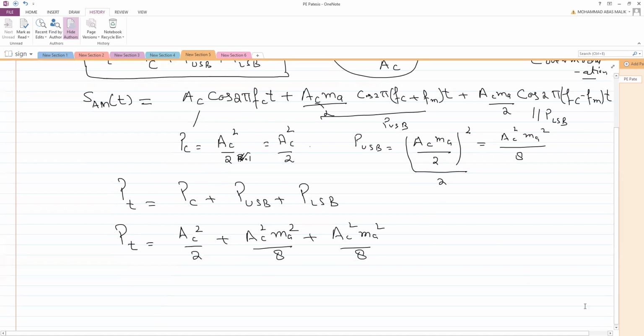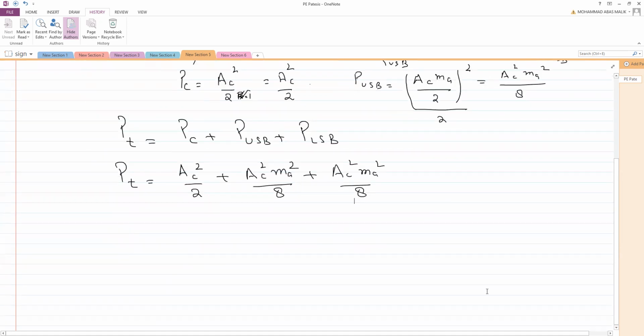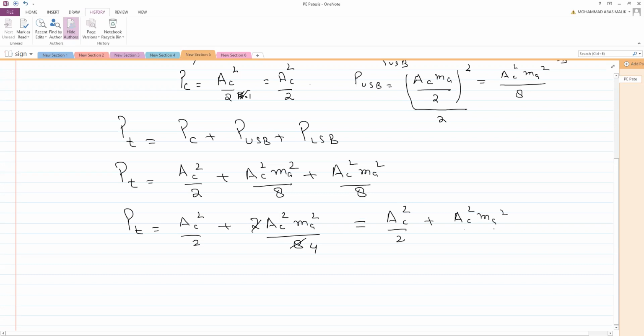This is your total power equation. You just take AC square by 2 common. Then you add these two, you will get twice AC square MA square divided by 8, that is one by four. So ultimately the value will be AC square by 2 plus AC square MA square by 4.